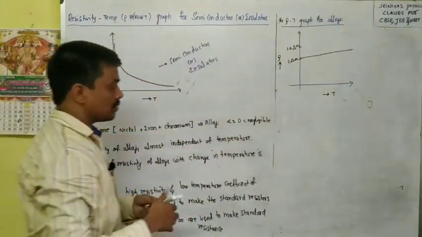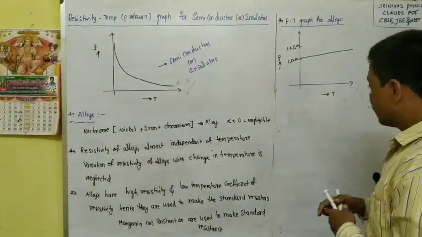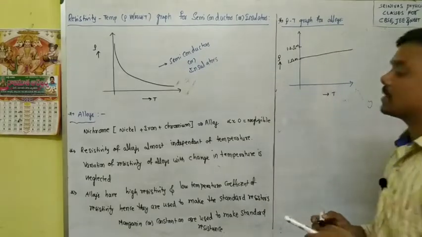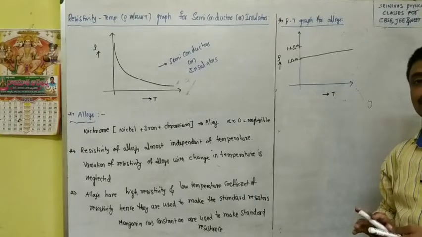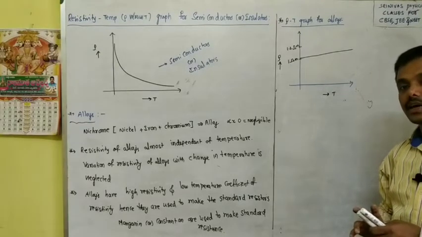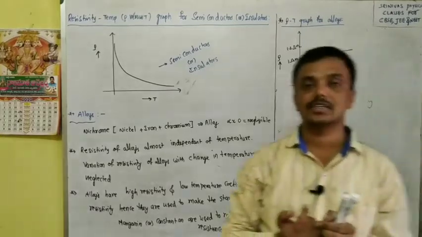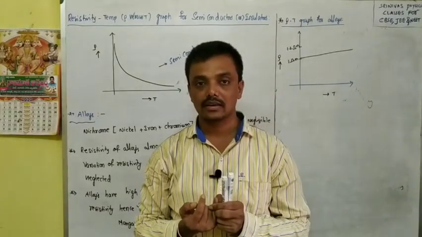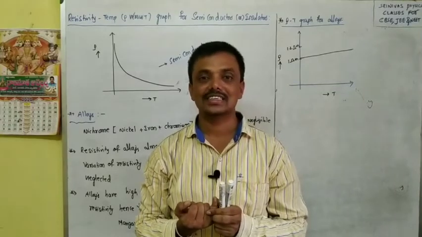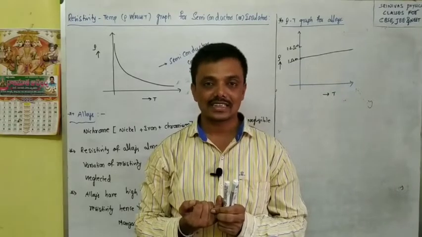Okay, and now this is how resistivity depends upon temperature in case of conductors, semiconductors and alloys. In case of conductors, resistivity increases with increase in temperature. In case of semiconductors, resistivity decreases with increase in temperature.